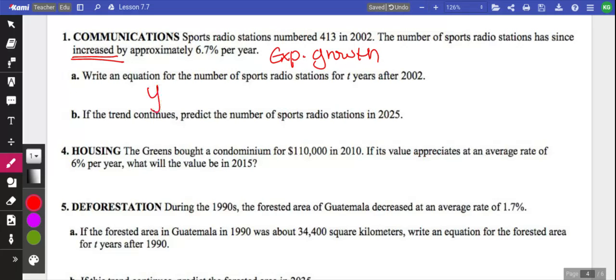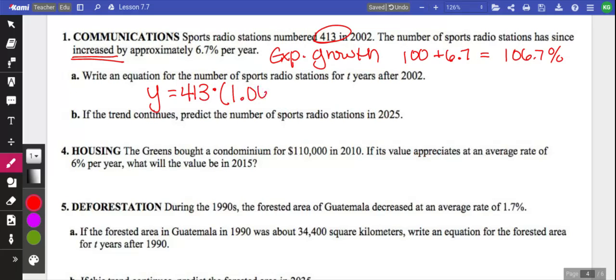So my formula says to take A as the initial amount, which is 413 initial sports stations, times my rate, and since we determined this was growth, we're going to do 100 plus 6.7, which is 106.7%. Change that to a decimal, it would become 1.067.